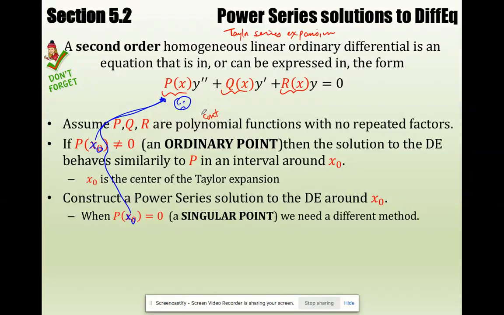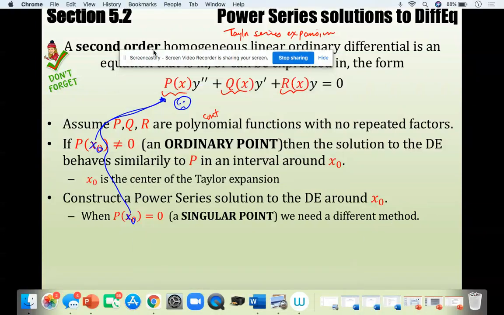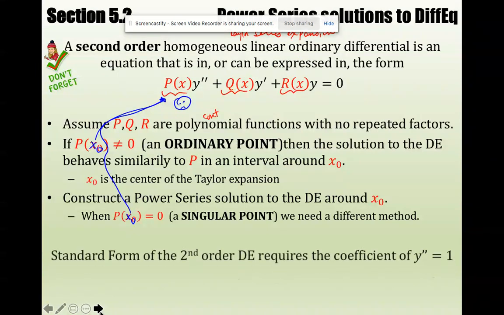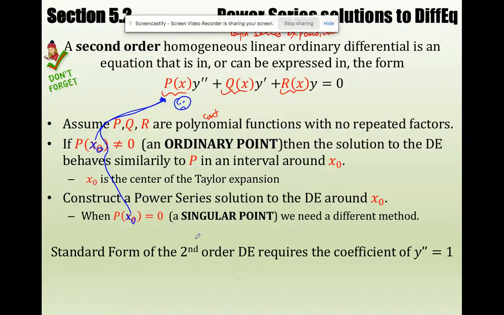We call that not an ordinary point, but a singular point. And if we have a singular point, we need a different method to solve this. We're not going to get into the different methods in this video, but we're going to talk about identifying the singular points versus the ordinary points.